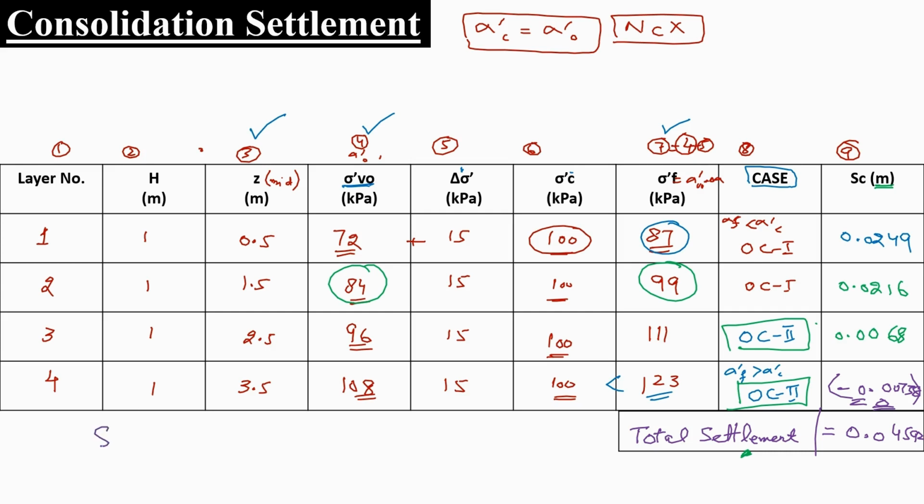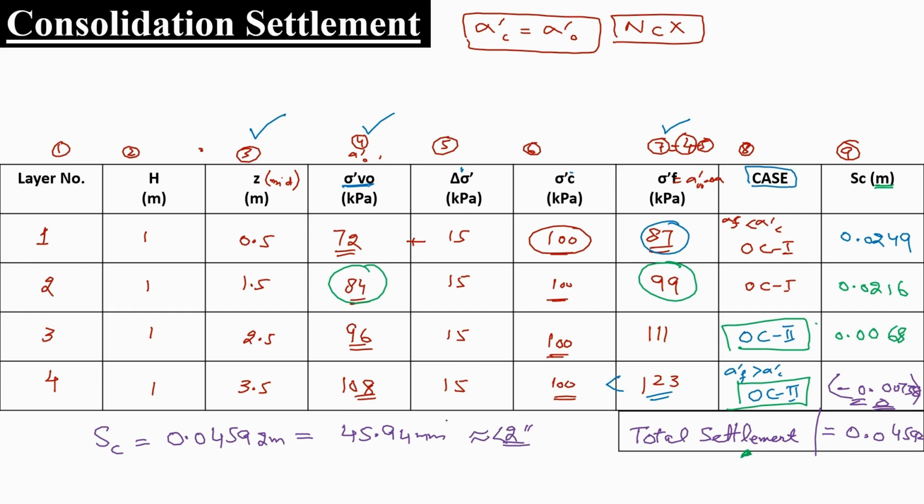If we want to convert this into millimeters, we multiply it by 1000, and it will be 45.92 millimeters, approximately equal to 2 inches. This is less than 2 inches, but you can say this is approximately equal to 2 inches.